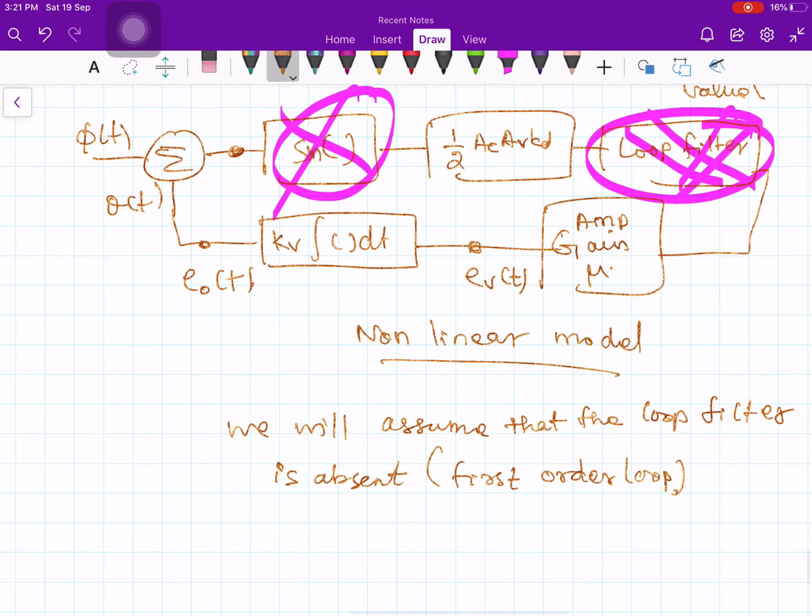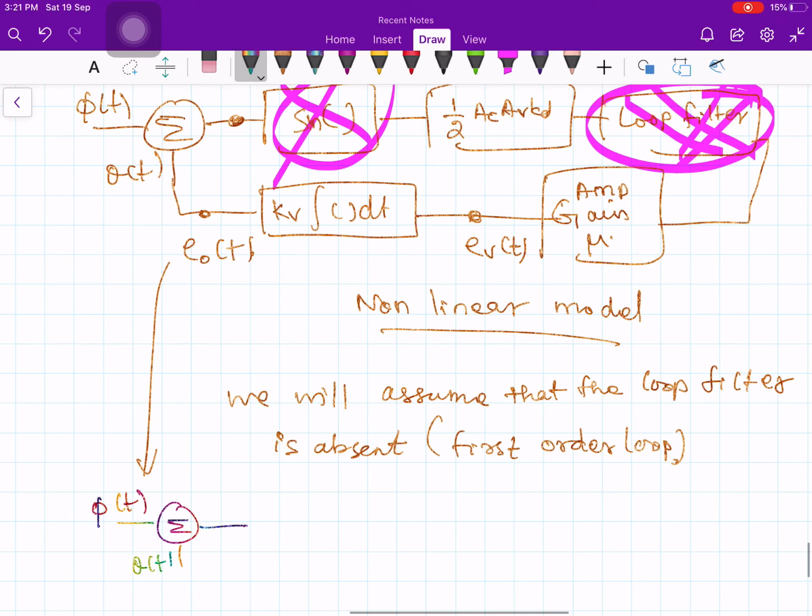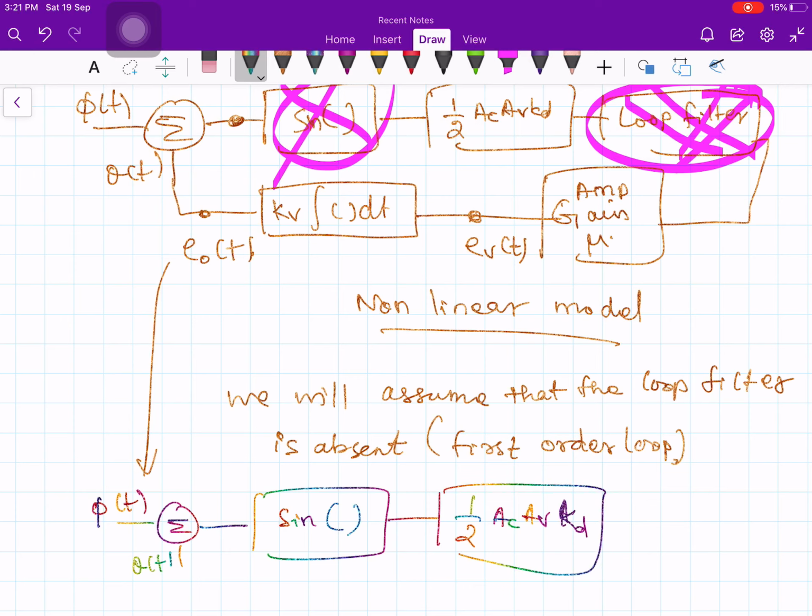Therefore this diagram becomes phi of t, theta of t, then sine of this guy, then 1 by 2 AC AV KD, then there is no loop filter.